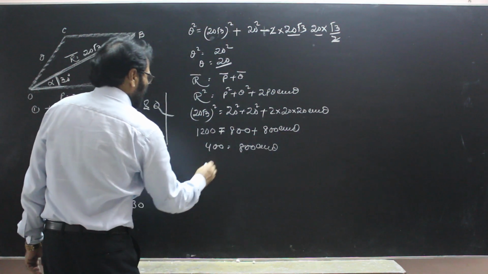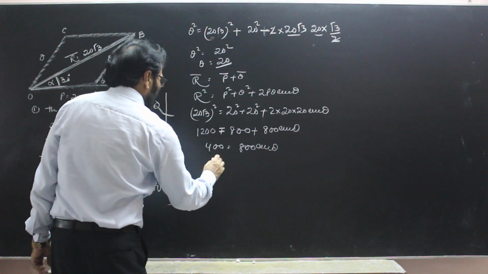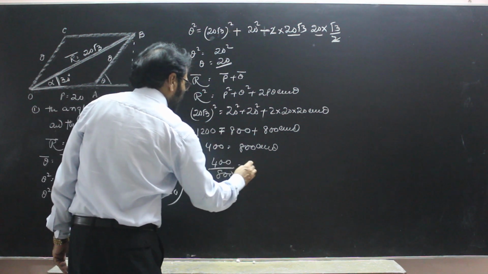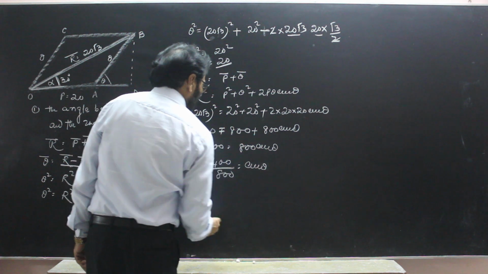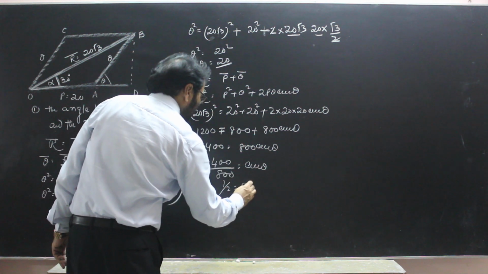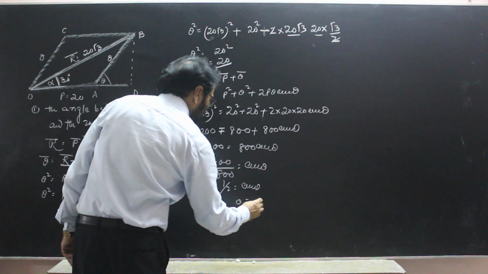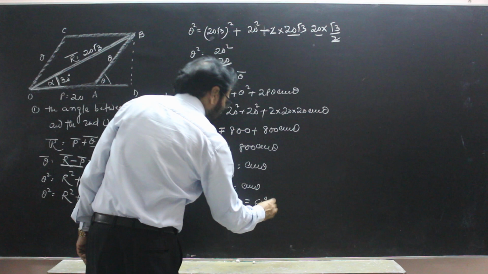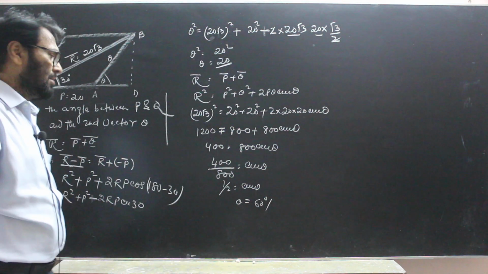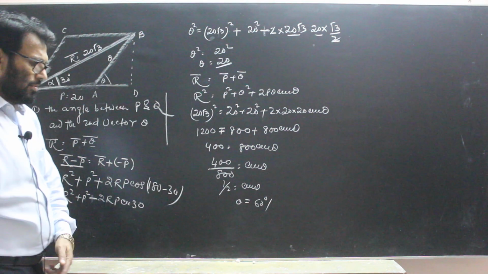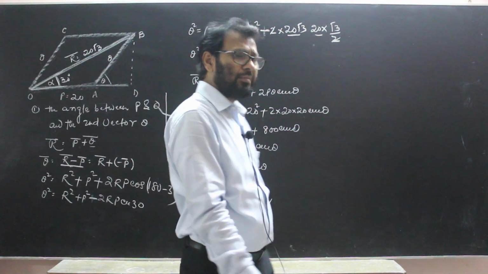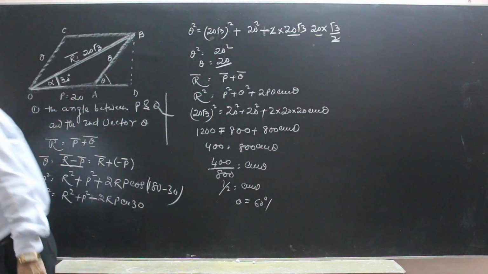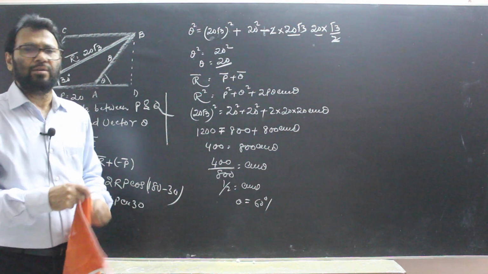So 400 divided by 800 is cos theta, and half is cos theta. So theta is of course 60 degree. So we have calculated the angle 60 degree, and this problem has been easily solved by the concept of course, R is equal to P minus Q.